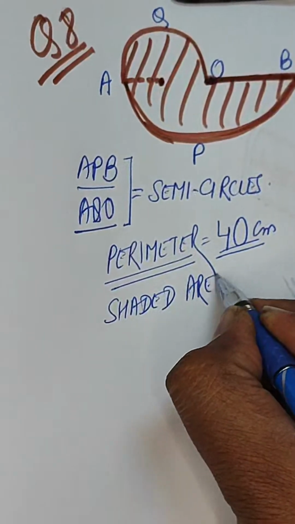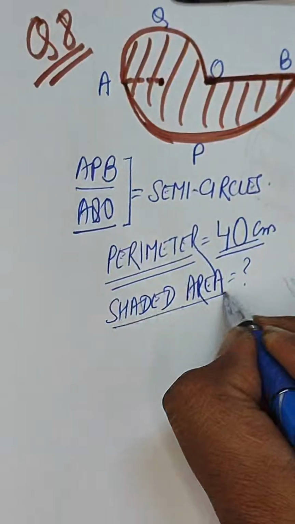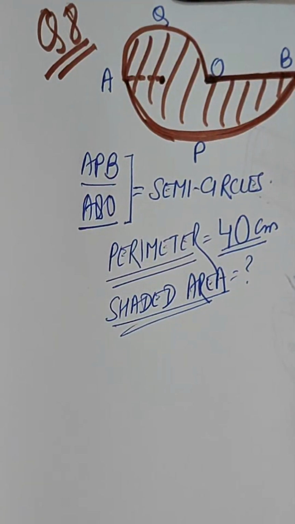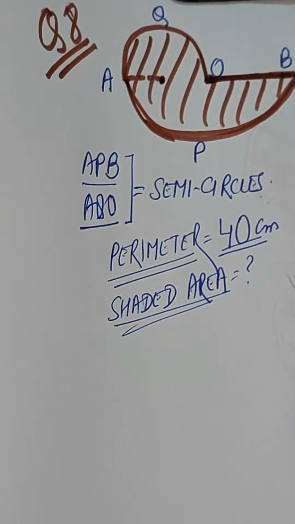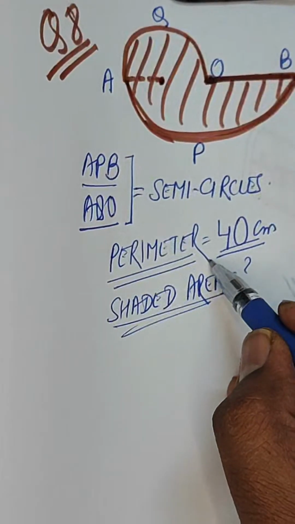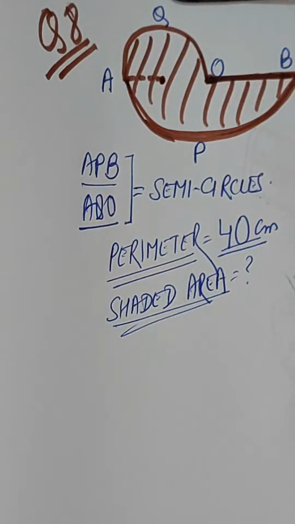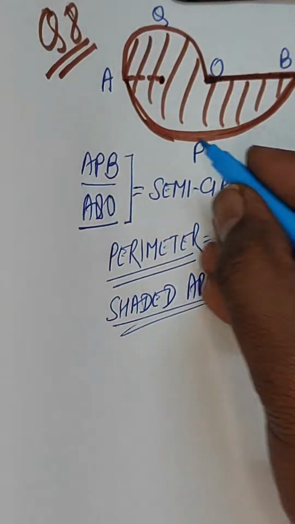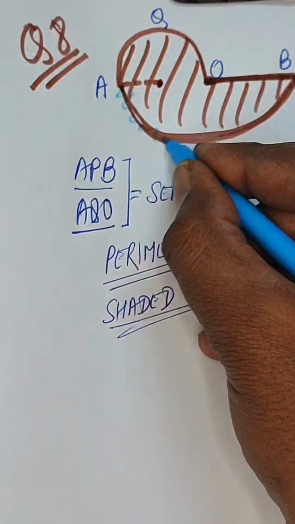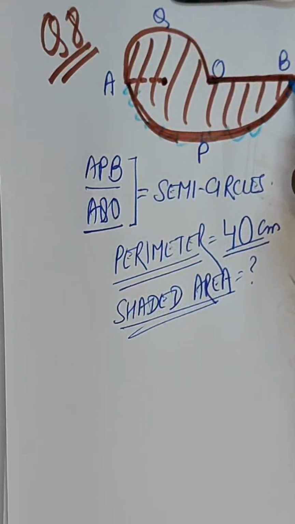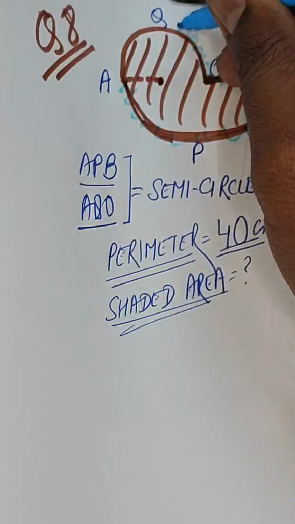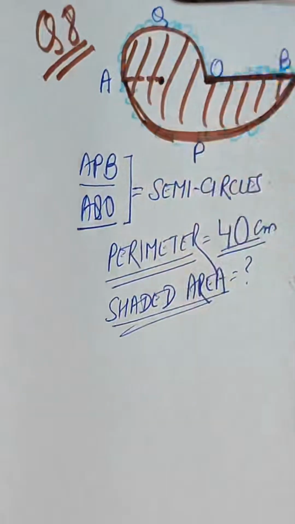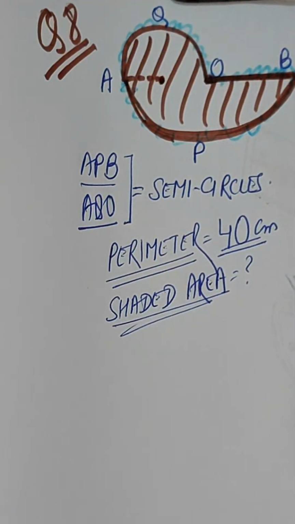To solve such questions, my dear friends, just see very basic things. If the perimeter is 40 centimeter, that means the length from A to P, P to B, B to O, O to Q, Q to A. This is known to you, right?